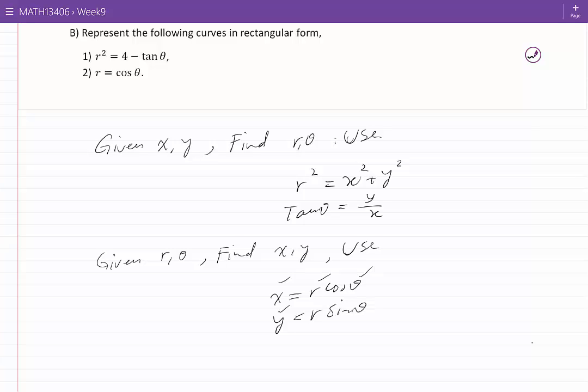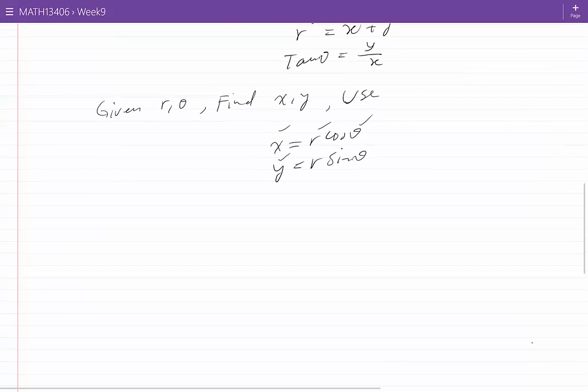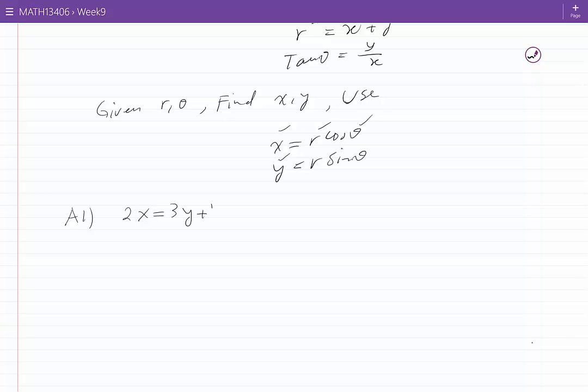Now let's look at our questions. Question A1. We're given the rectangular form 2x is equal to 3y plus 5. This is a straight line. To write down this equation in polar form, I make use of the appropriate equations. x is r cos theta.